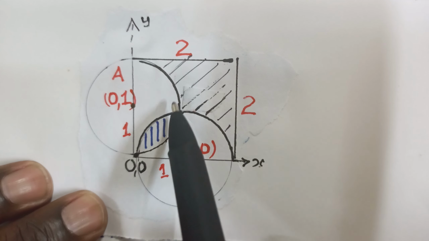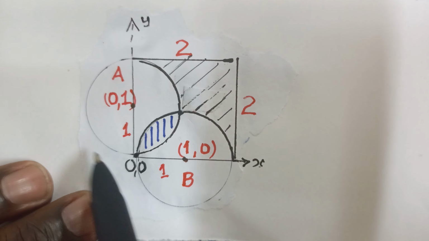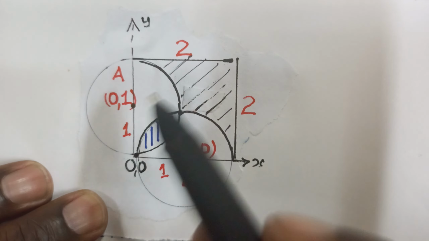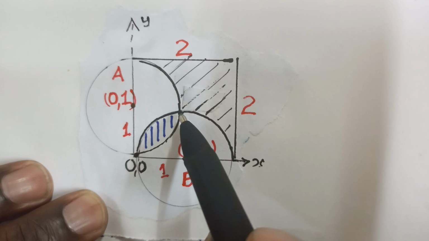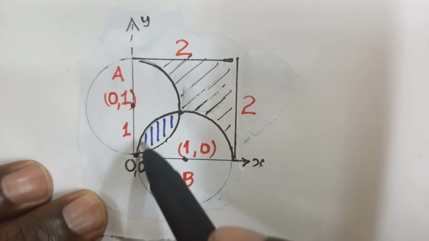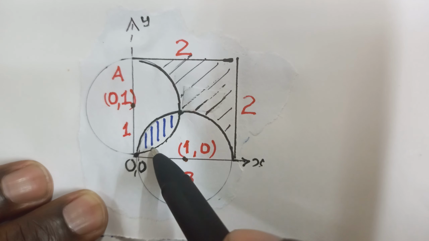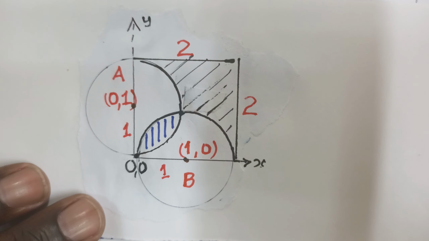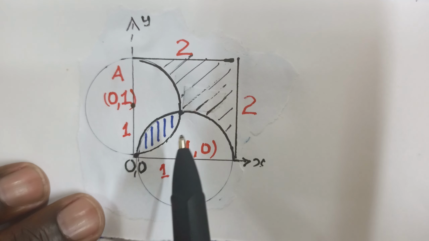The first thing, guys, we get the equation of those two circles, and that is going to help us to get the points of intersection. And after that, we can first of all get the area of this intersection. And then, guys, we shall continue. I will tell you what we shall do.